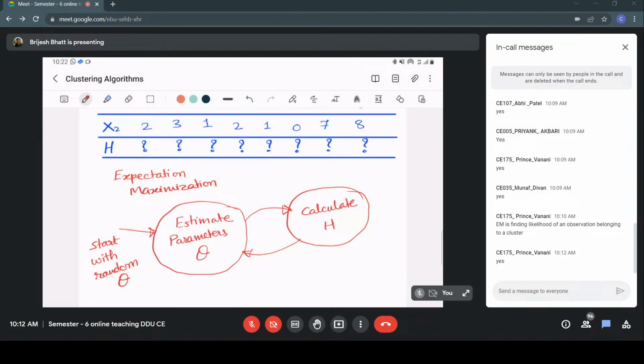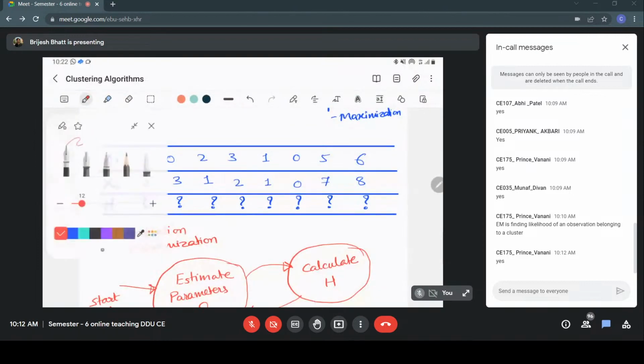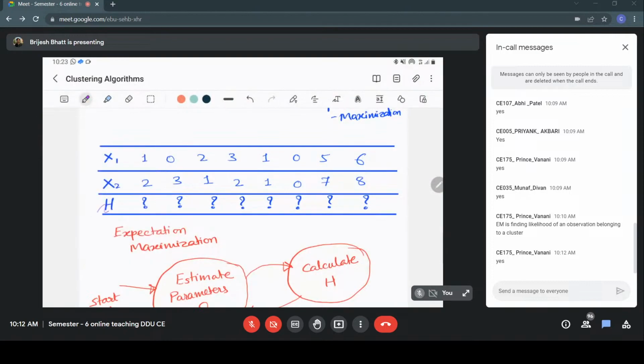Okay, so this was expectation maximization. Now let us see how it fits the idea of K-means clustering. So this h is the cluster.